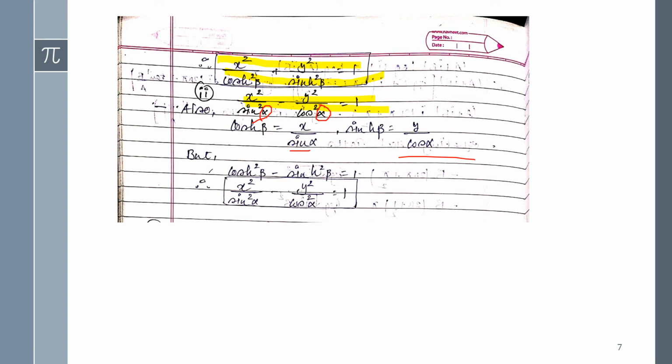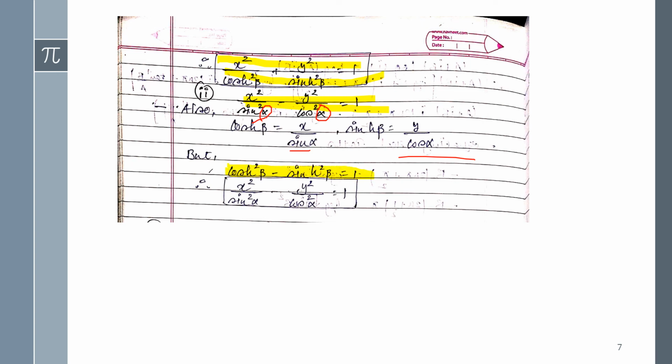Now here cosh beta is your hyperbolic function. I hope you all know this very well, guys, because in the first and second semester we already did this hyperbolic function. So here I have written the identity for the hyperbolic function. Guys, I am highlighting so that you can understand this very well.